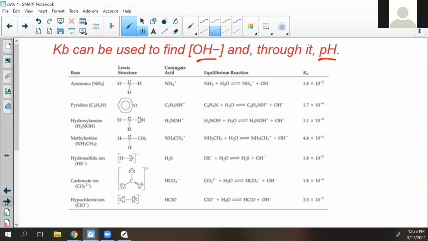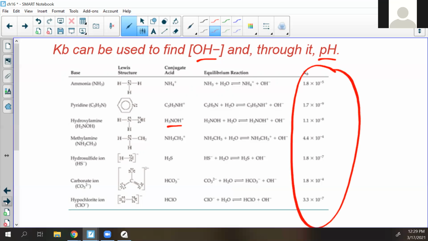All right. KB can be used to find OH and through it pH. So we've sort of done this, but here are some classic weak bases. You'll notice none of them, well, I guess one does, has OH on it. They're all kind of weird, and they give these KB values.